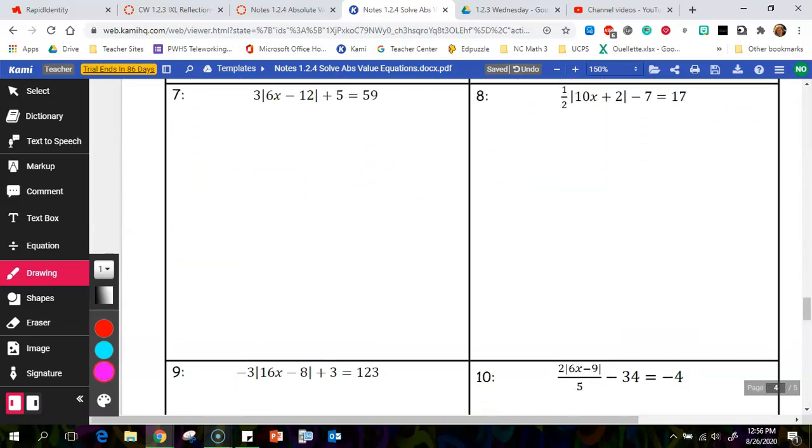Okay, let's isolate the 6x minus 12 in absolute value. We're going to subtract 5. Excuse me, and then divide by 3. That's 18. Then I'm going to set up my 2 different equations.